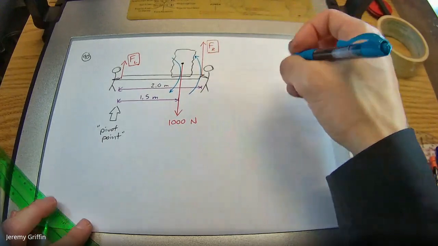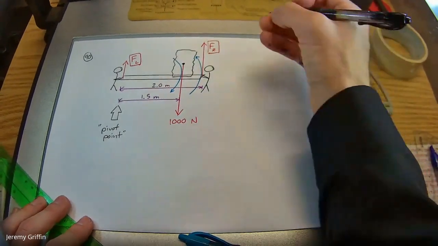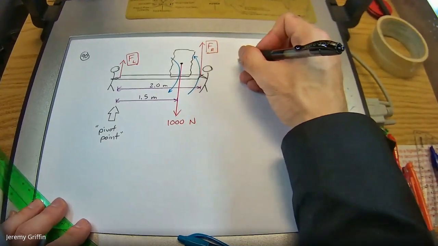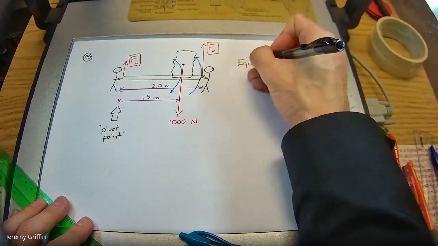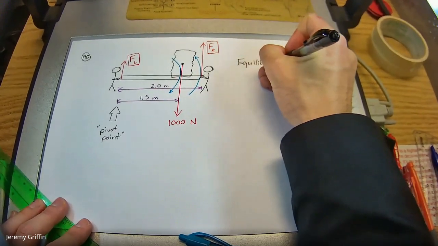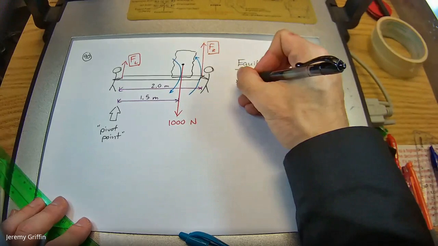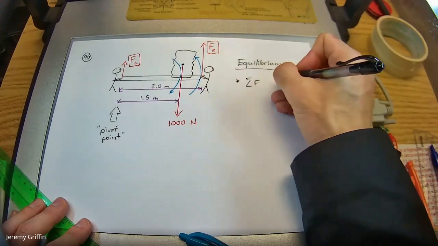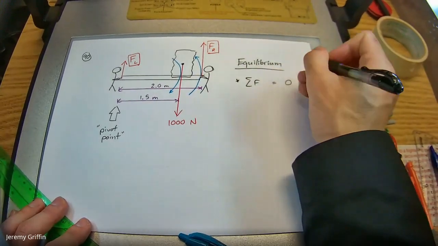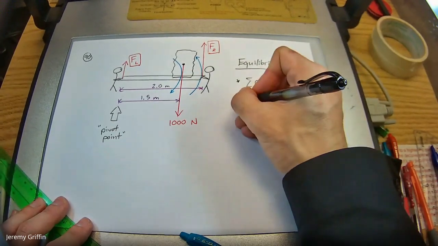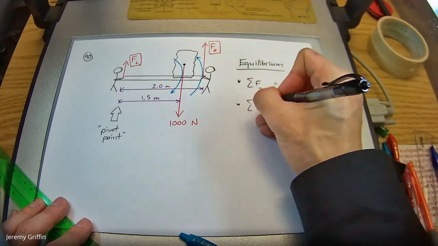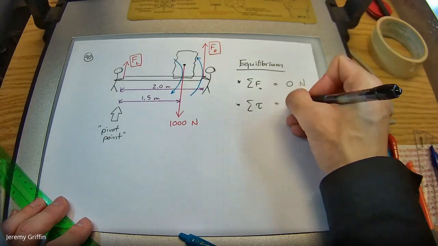Let's think about our equilibrium conditions. For equilibrium, two conditions: the sum of the forces in each direction has to be 0 newtons, in this case the y direction, and also the sum of the torque about any point has to be 0 newton meters.